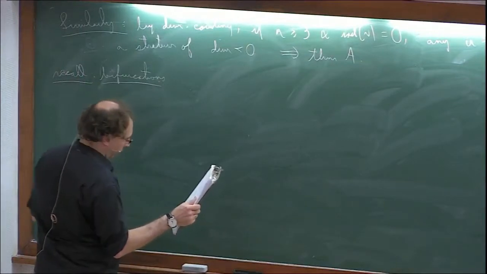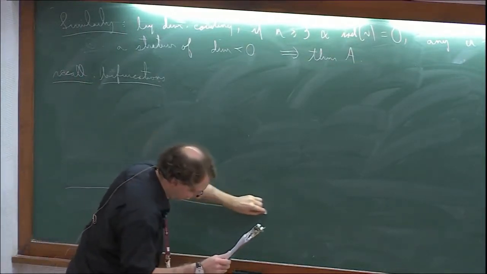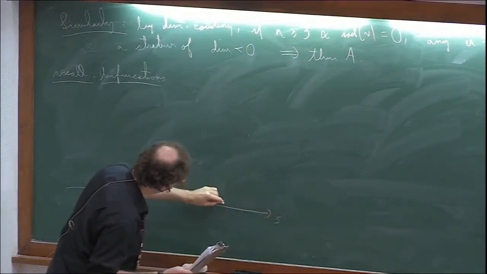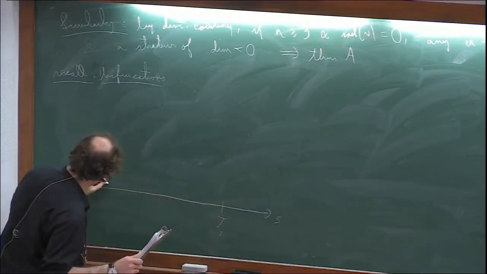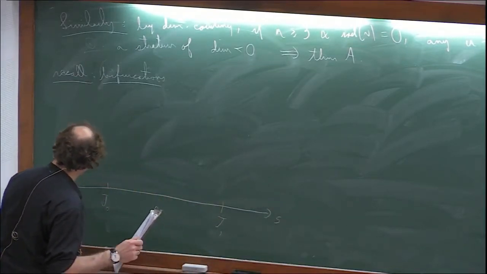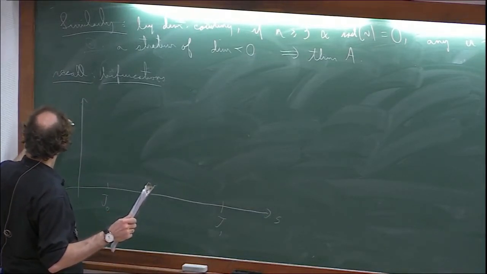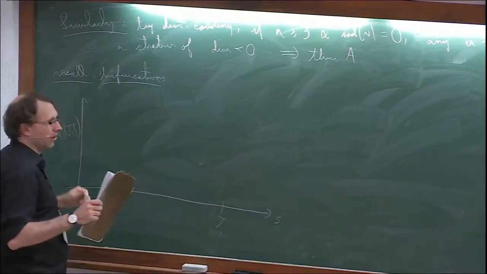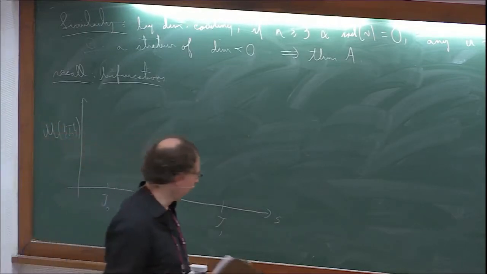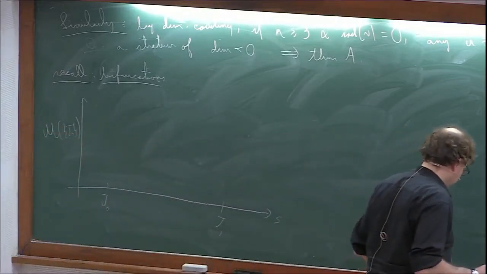I drew a picture before that involved a generic one-parameter family of almost complex structures, and a parametric moduli space that includes some simple curves and some double covers.